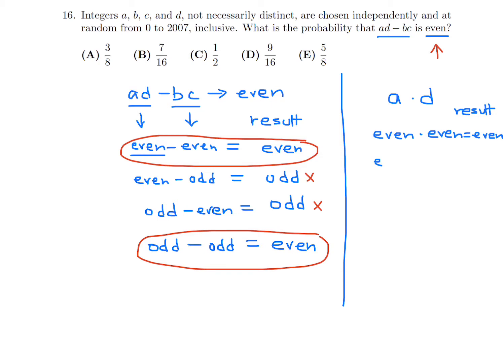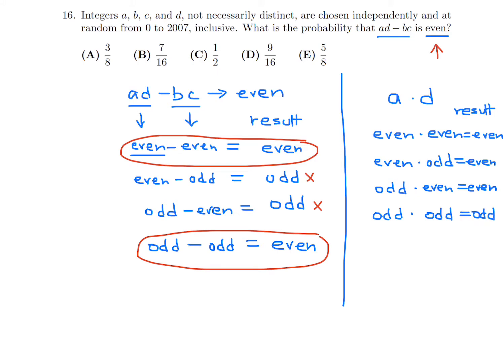How about A is even, but D is odd? What's the result? Well, that's even again. What about if I have odd for A and even for D? The multiplication results in an even number. And finally, if they're both odd, the multiplication will be odd.